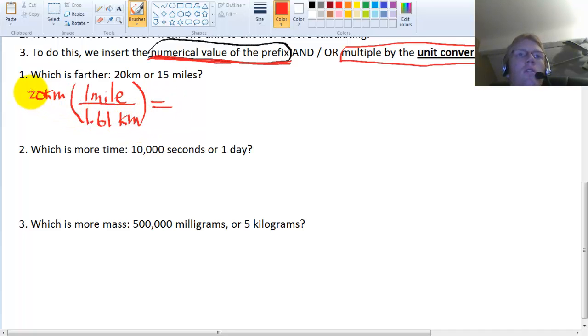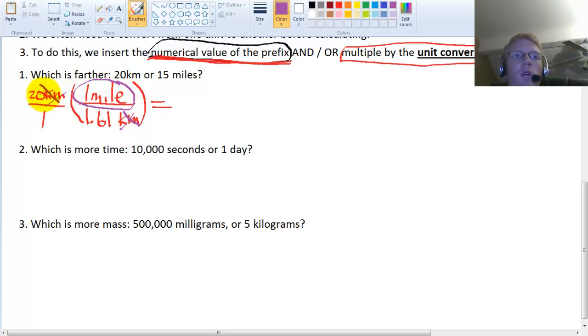Okay, so this is 20 over 1. In case you're getting mixed up on numbers outside of parentheses, you can always write it as 20 over 1. So the kilometers here, they'll cancel out because you have kilometers divided by kilometers, and your units are going to be miles.